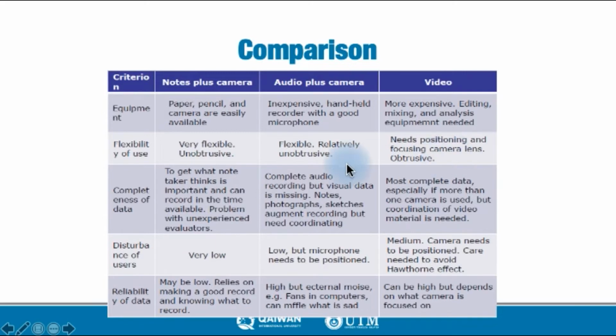So basically we come out with the criteria and tell them this is what we have, so you can answer us and tell us which one you think is the best according to these criteria. Just as we said about flexibility, people will say okay, notes plus cameras are very flexible.